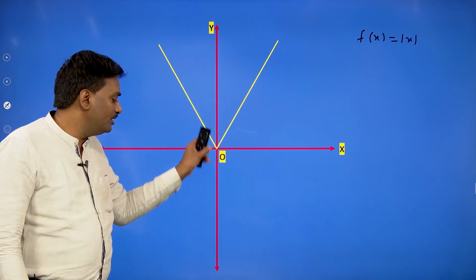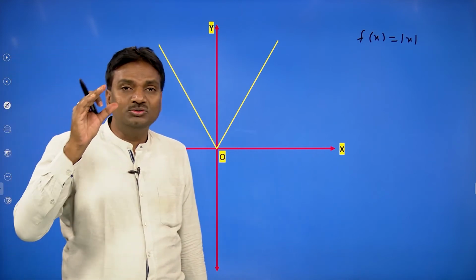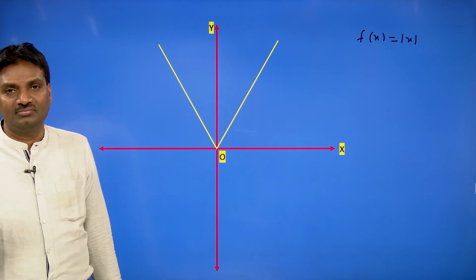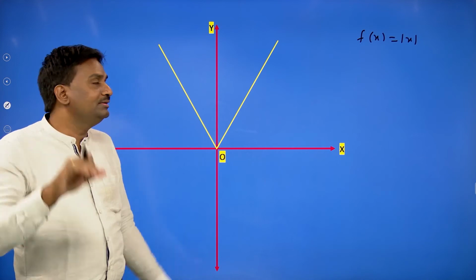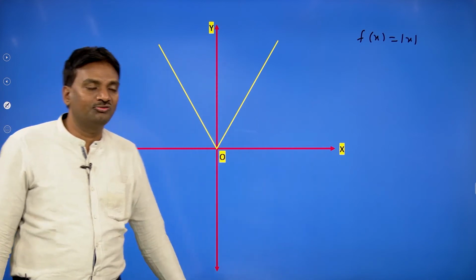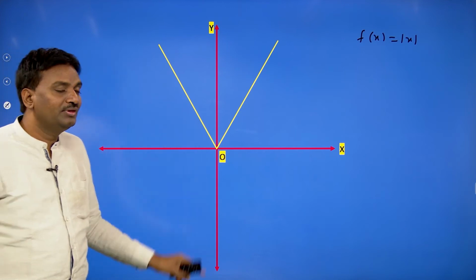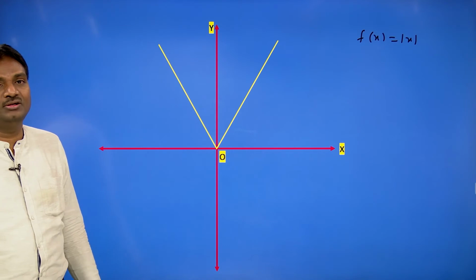Below the x-axis means negative y-axis, but according to the range of a modulus function, the range starts with 0 only. You will not get a negative number in the range of the modulus function. So that's why the graph of modulus x cannot lie below the x-axis, with respect to the negative y-axis.